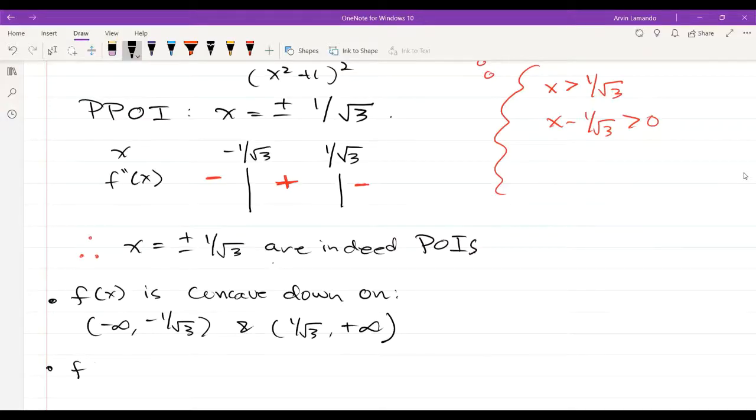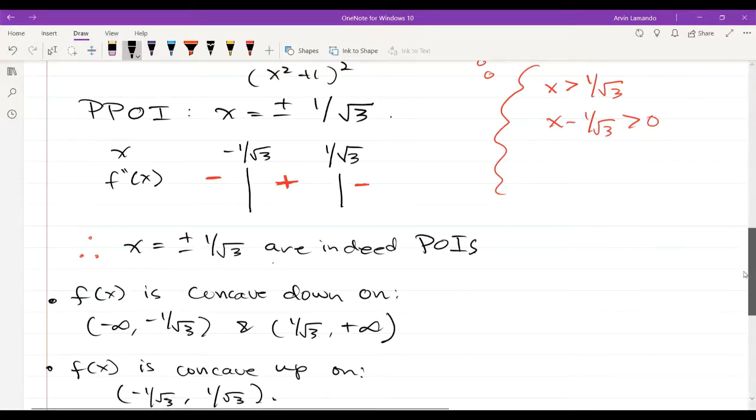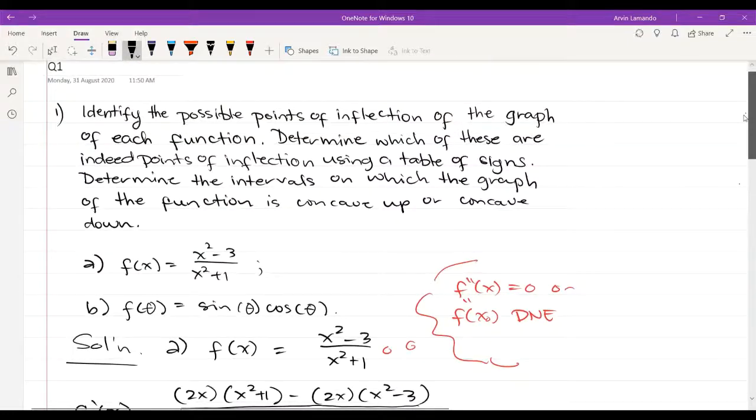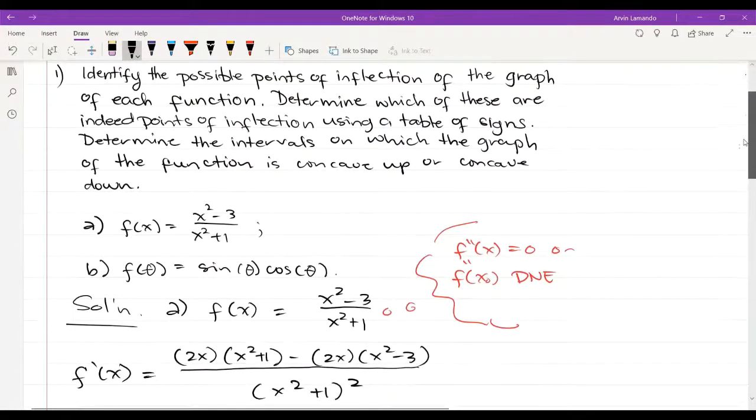And f of x is concave up on the interval negative 1 over square root of 3 to 1 over square root of 3. That's how we answer for the first function.